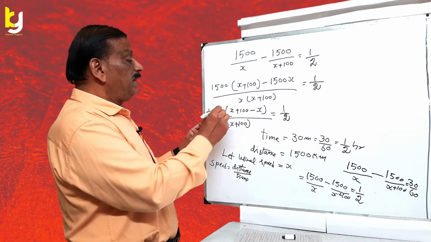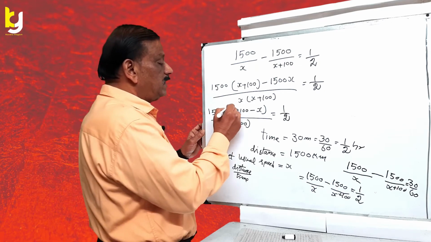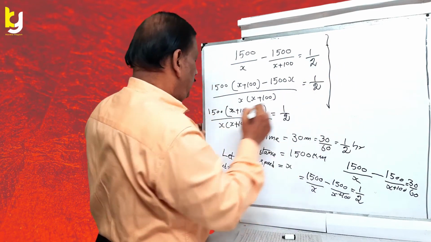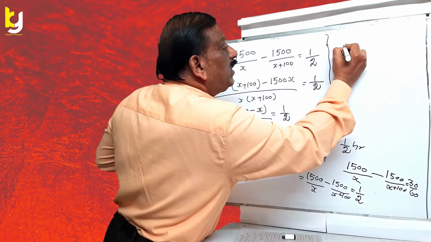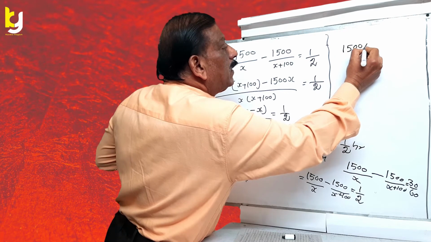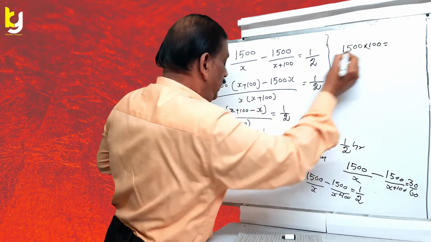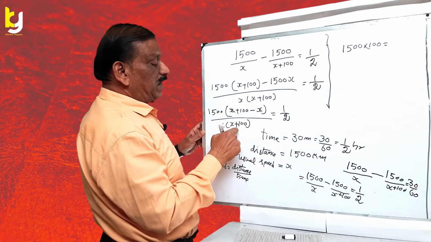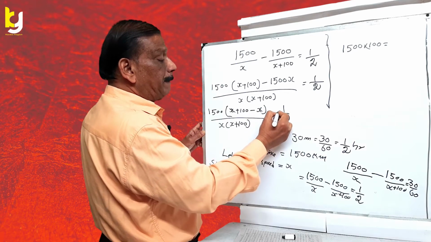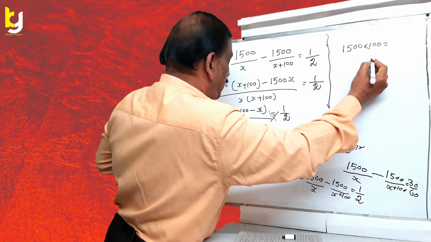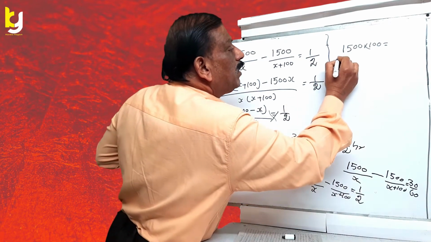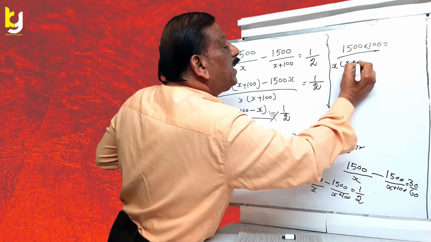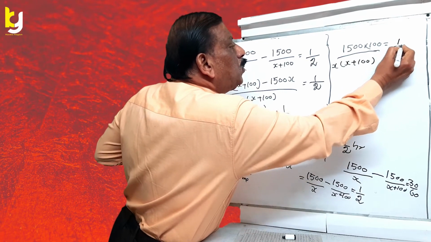Clear? X will cancel. So this is equal to 1500 into 100 divided by x into x plus 100, that is equal to 1 by 2.